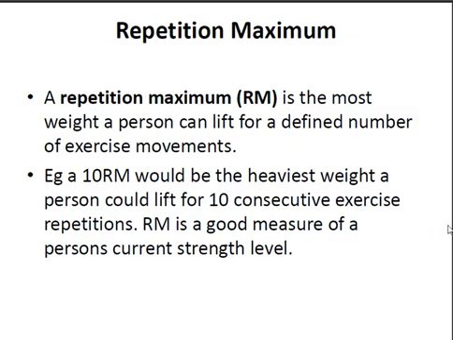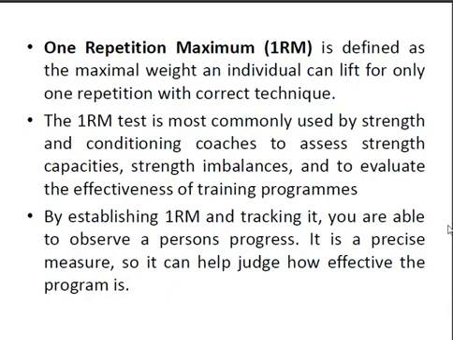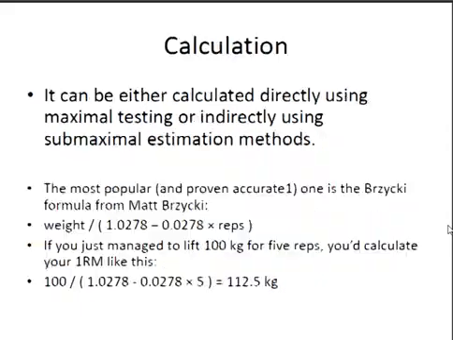Repetition maximum is a good measure for a person's current strength and functional level. 1 repetition maximum is the maximum amount you can lift 1 time, and 10 RM is the maximum amount you can lift 10 times. The 1 RM test is most commonly used by strength and conditioning coaches to assess strength capacities, strength imbalances, and to evaluate the effectiveness of training programs.